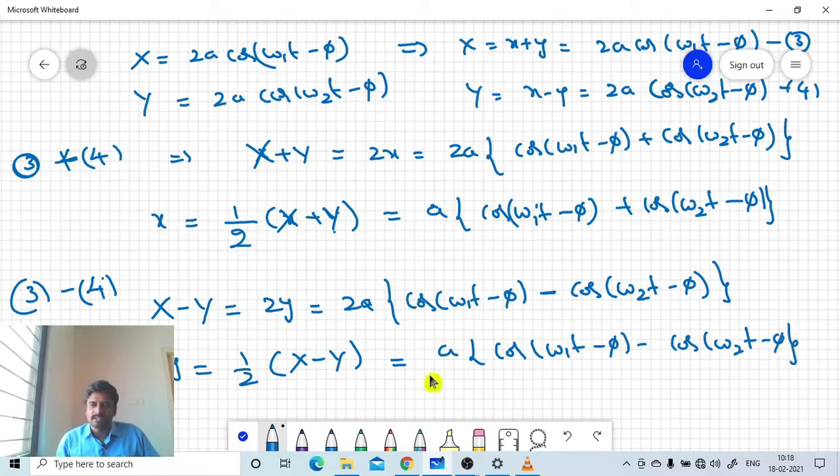These are the values of the displacement of the body with the help of the normal coordinates and normal frequency.